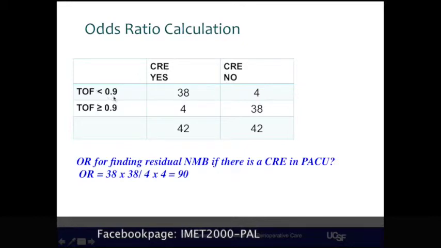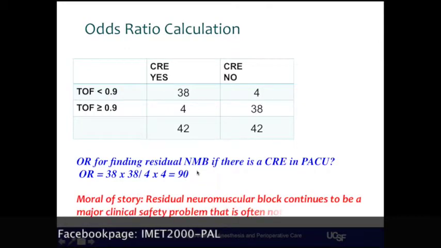The people who had less than normal neuromuscular function, 38 of these had critical respiratory events, whereas 4 did not. So if you do the cross multiplication, you'll see that 38 times 38 divided by 4 times 4 gives you an odds ratio of 90.